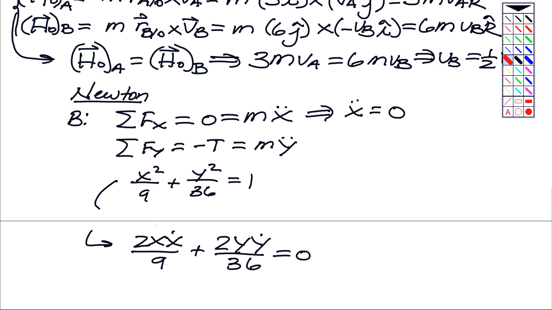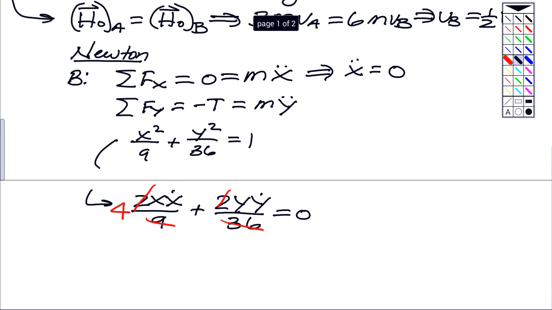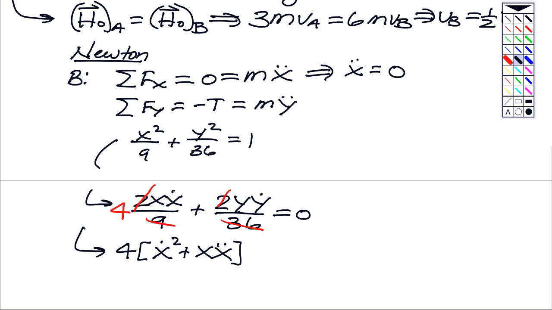The 2's will cancel, and I get a 4 over here. I take one more time derivative, and that becomes 4 times x dot squared plus x x double dot, plus y dot squared plus y y double dot, equal to 0.